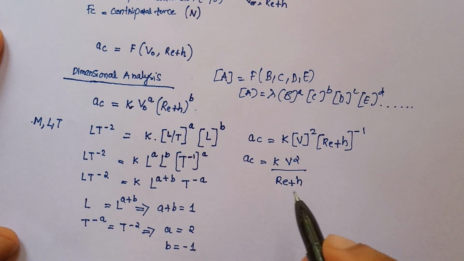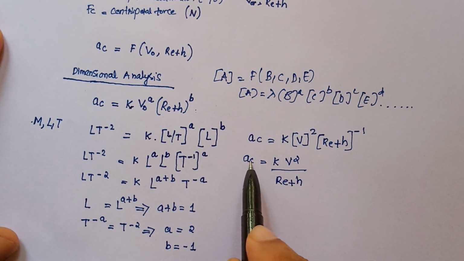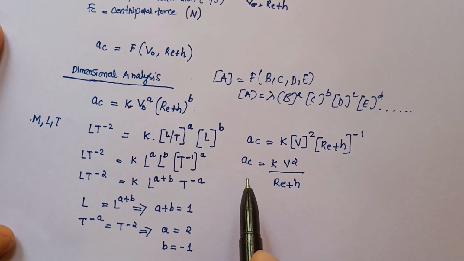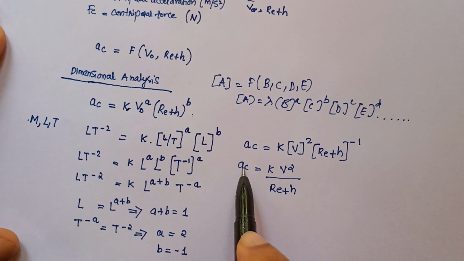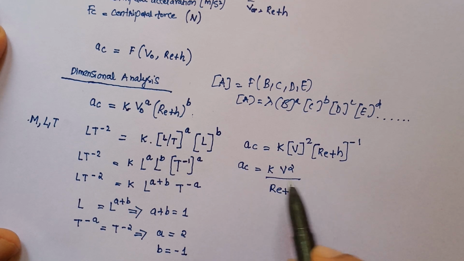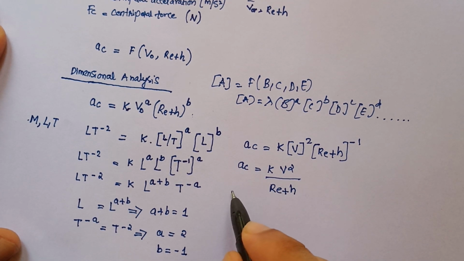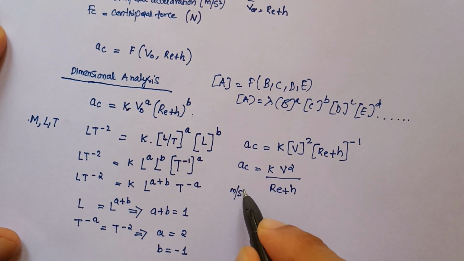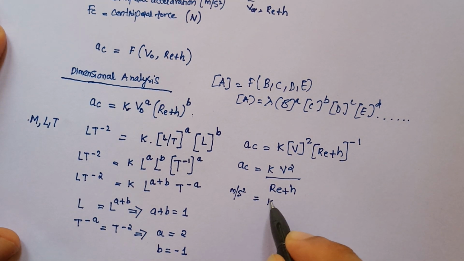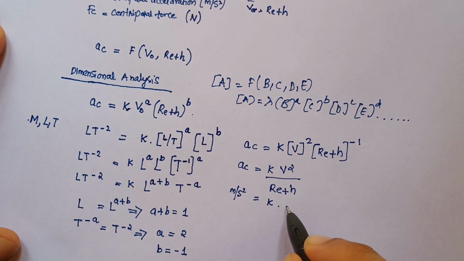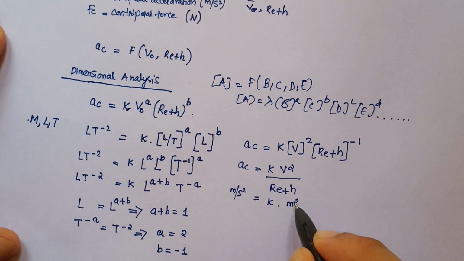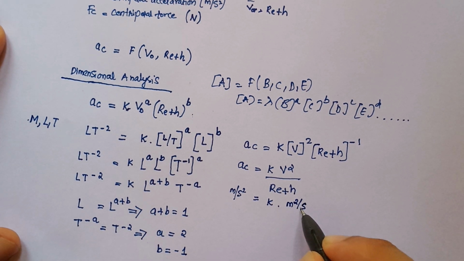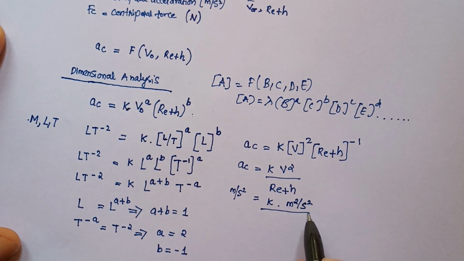Now you introduce the concept of unit balance. You need to balance the units of LHS and RHS. Now you balance the units: meters per second square should be equal to k into meters square per second square divided by meters.